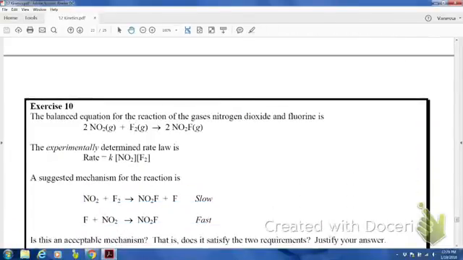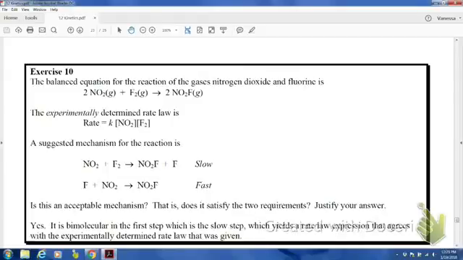And it's dangerous. Okay. So here in this example, we have this balanced equation and we have the suggested mechanism. We want to know, is this an acceptable mechanism? And if it is, does it satisfy the rate law? So we've got to justify. When we say justify, that means we use words, not math. If I add them up together, first let's double check that it adds up to make what we need.